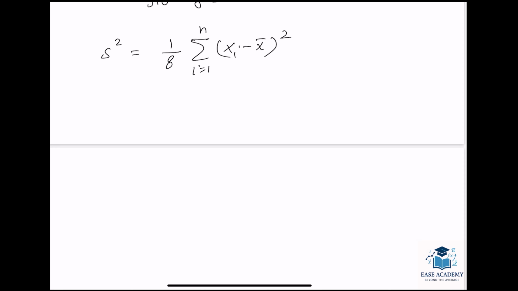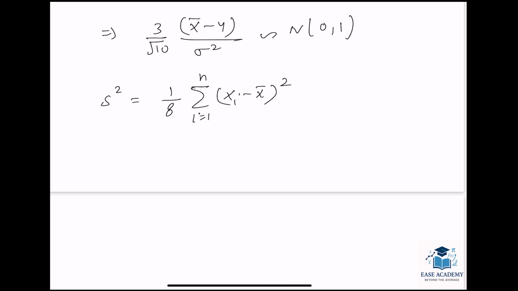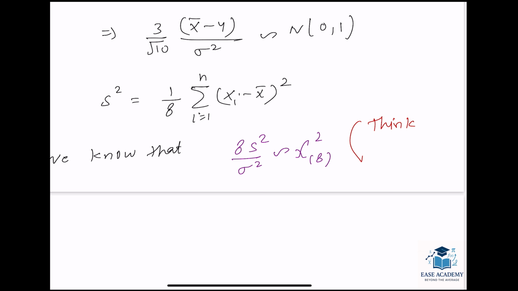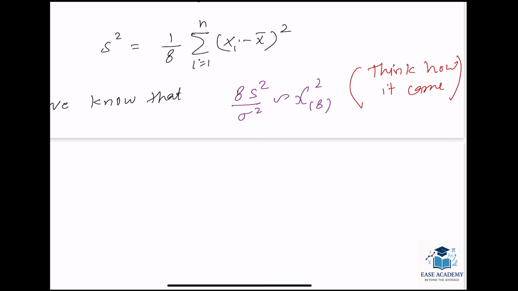From the theory perspective we know the result: here n is 9, so n minus 1 is 8, and 8 S square upon sigma square will follow chi square with n minus 1, which is 8, degrees of freedom. Think about how it came; if you want to know the theory, I have discussed this completely in the theory lectures, how it came and why it is so.